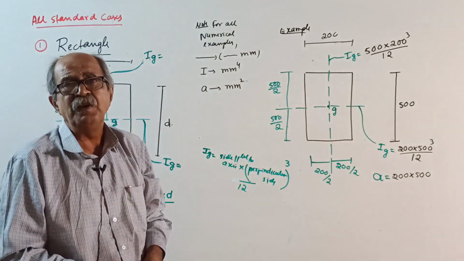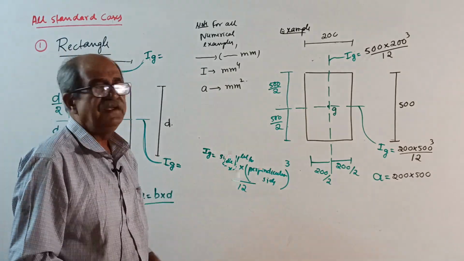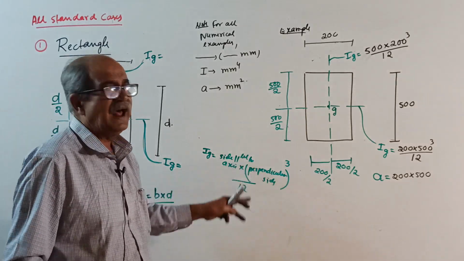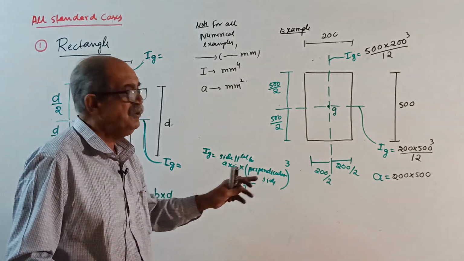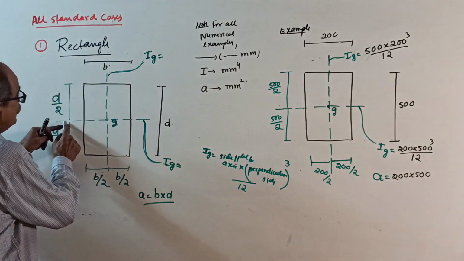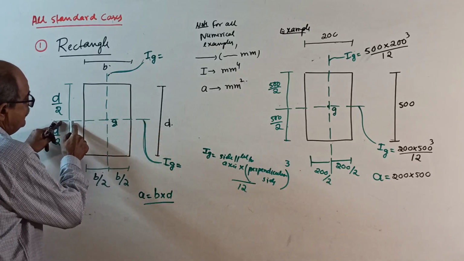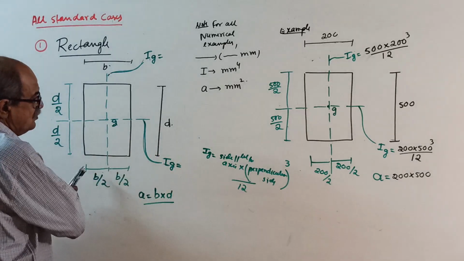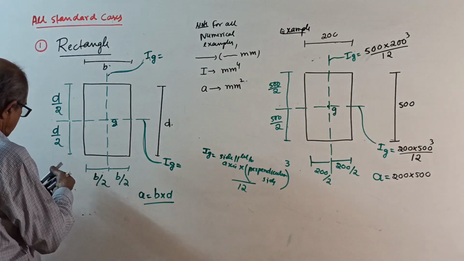Don't memorize BD cube by 12. So side which is parallel to axis, as I told already, as it is, into perpendicular side cube divided by 12. If you want I about this axis, Ig, I use green color for this one.